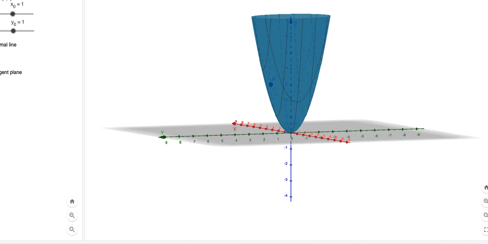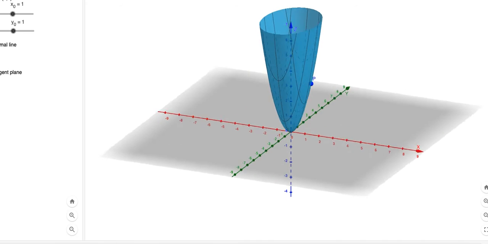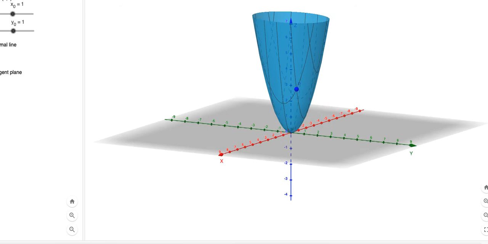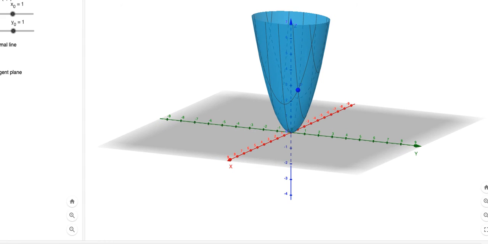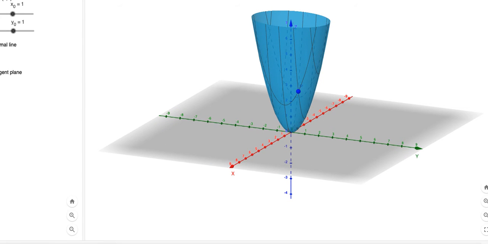Now I also want to point out here the point P is marked as well. And so what we are looking for is the tangent plane that will touch the paraboloid at this point P.